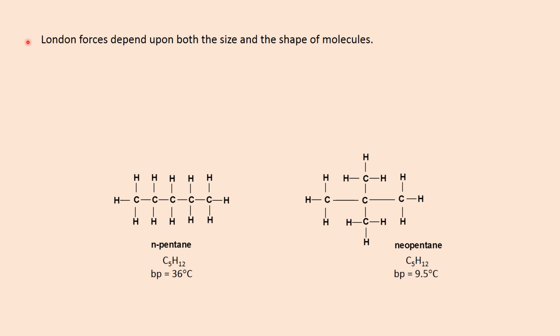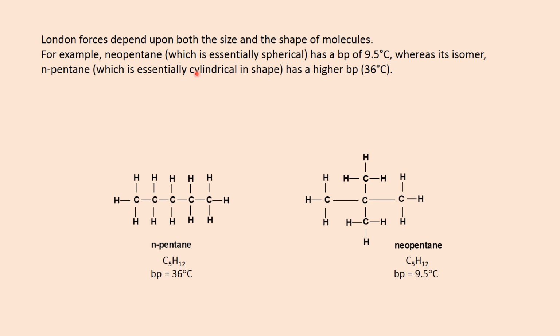So finally, we're going to see that London forces depend not only on the size, but also the shape of molecules. So for example, we have neopentane here on the right, C5H12, which is essentially spherical, has a relatively low boiling point of 9.5 degrees Celsius. Whereas its structural isomer, n-pentane, also C5H12, but with different structural connections, is essentially cylindrical in shape and has a significantly higher boiling point, 36 degrees C. Now why is that?